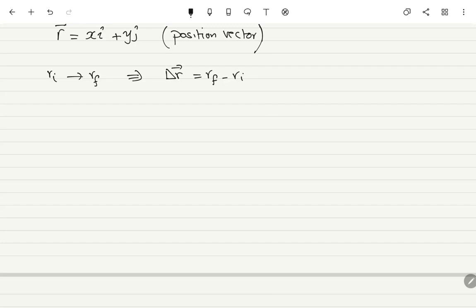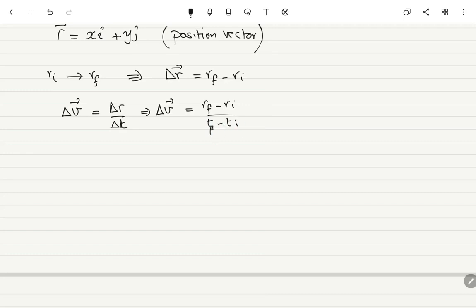Now, same as before, we have an average velocity. Average velocity is equal to delta r divided by delta t. In two-dimensional motion, in this case, it equals r final minus r initial divided by t final minus t initial.